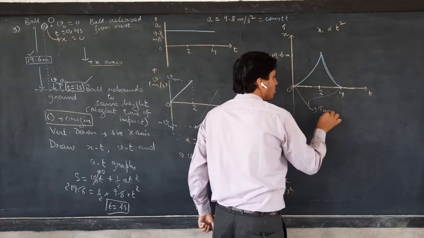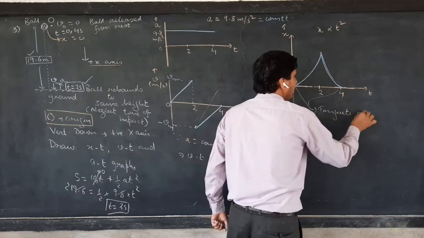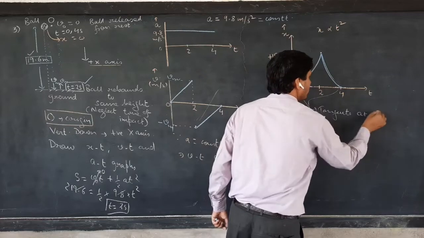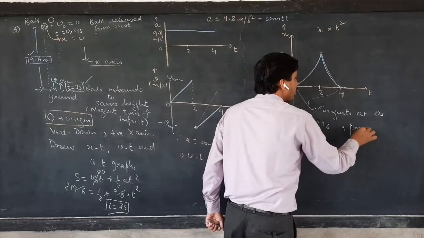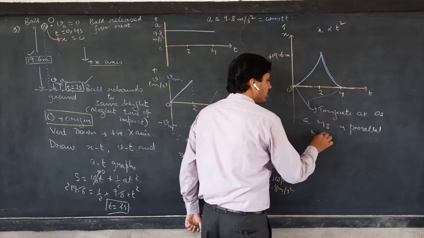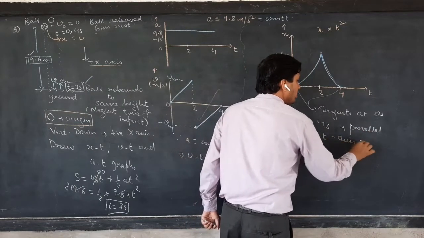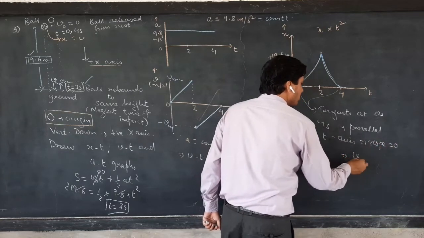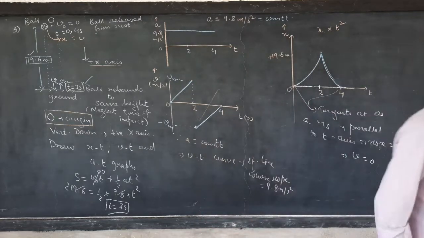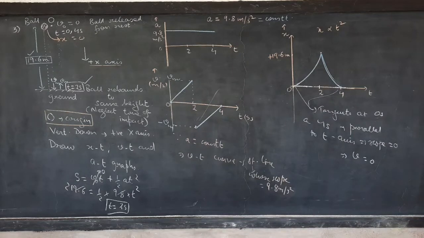The tangents at these points at 0 second and 4 second must be parallel to time axis. If this happens, this implies its slope will be 0. And if slope is 0, that means velocity is 0 at 0 second and 4 second, which is expected from the given data in the question.